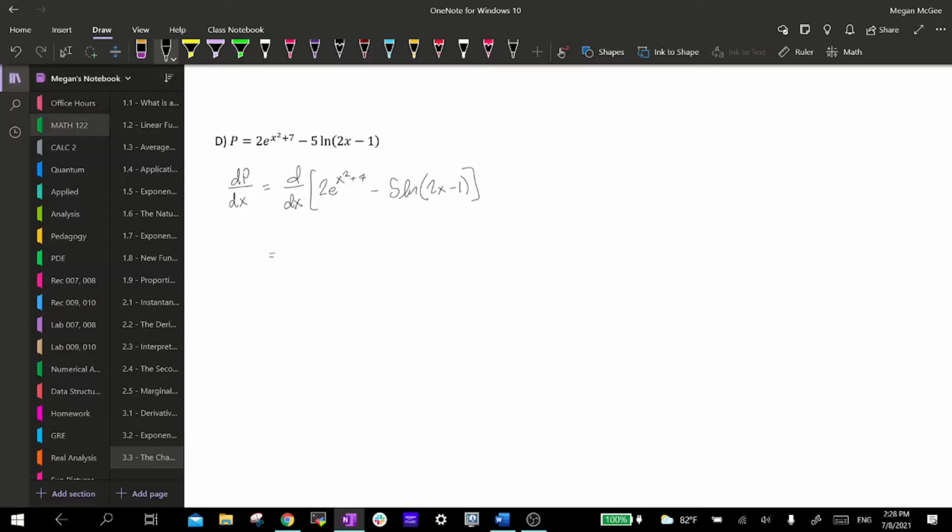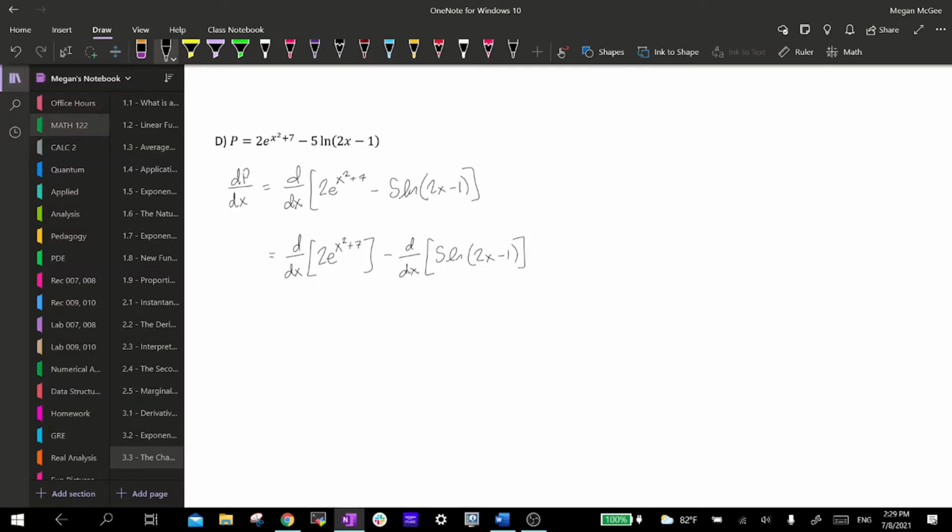So the first thing I want to do is split over this difference, split over the subtraction. So we're going to have the derivative with respect to x of 2e^(x squared plus 7), minus the derivative with respect to x of 5 times the natural log of (2x minus 1).